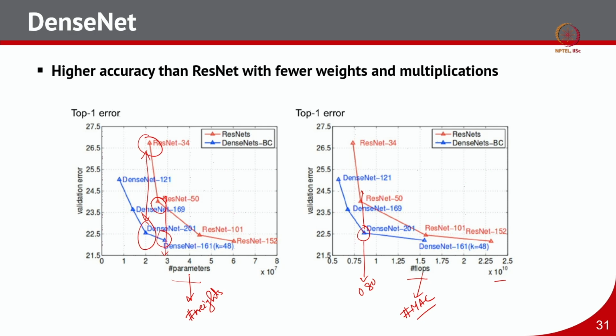So that says ResNet is actually good, of course. But by introducing denser connections and more layers, DenseNet provides better accuracy with fewer parameters as well as FLOPs, right.